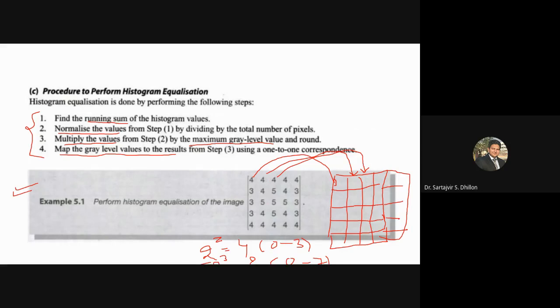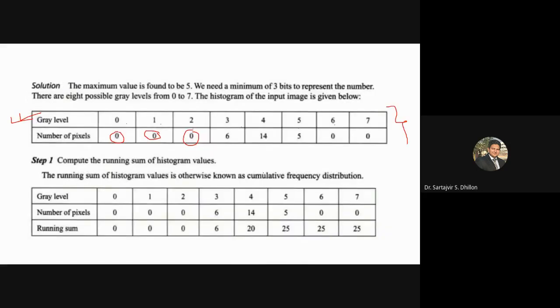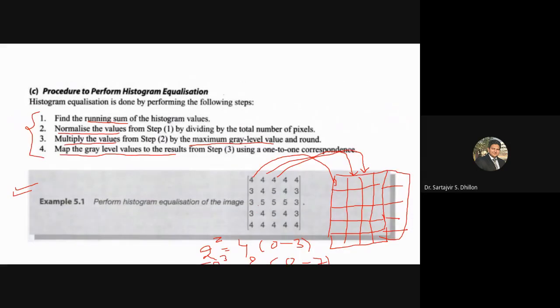Now the next one, 3. How many threes are there? There are 1, 2, 3, 4, 5, 6.